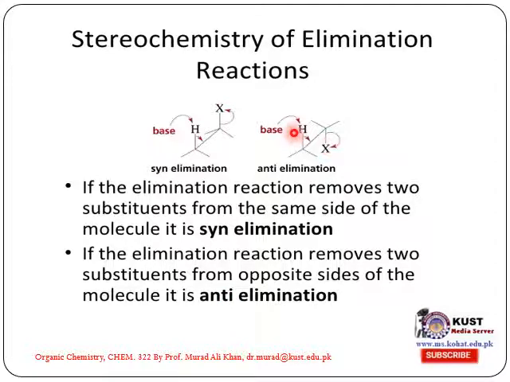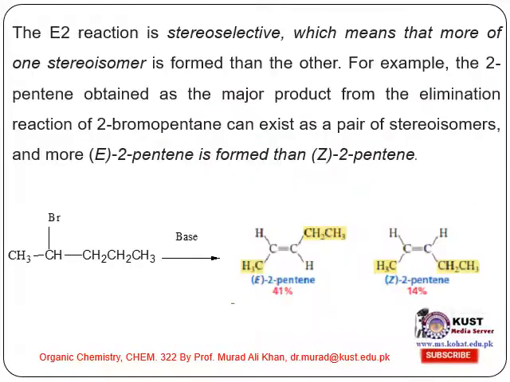The X and the H are anti to each other, so these are called the anti-elimination reactions. The E2 reaction is stereoselective, which means that more of one stereoisomer is formed than the other. Stereoselectivity means that one isomer is selected or one isomer is more as compared to the other isomer.